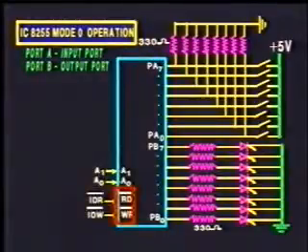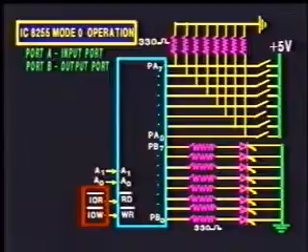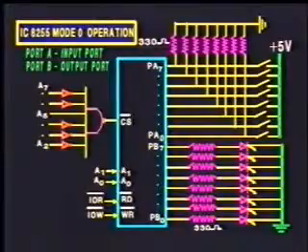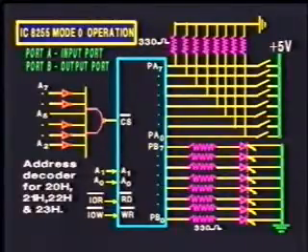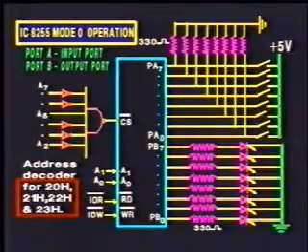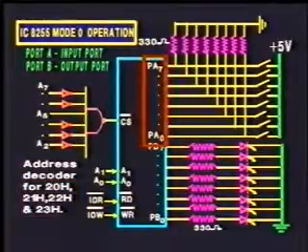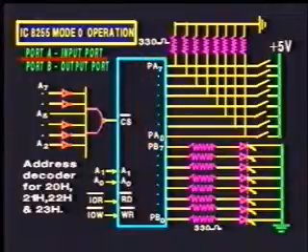Therefore, the read bar and write bar inputs of the device are connected to the I/O read bar or I/O write bar control signals. The address decoder is designed so that the chip is selected for the I/O addresses 20, 21, 22 and 23. Port A is configured for input and port B for output.